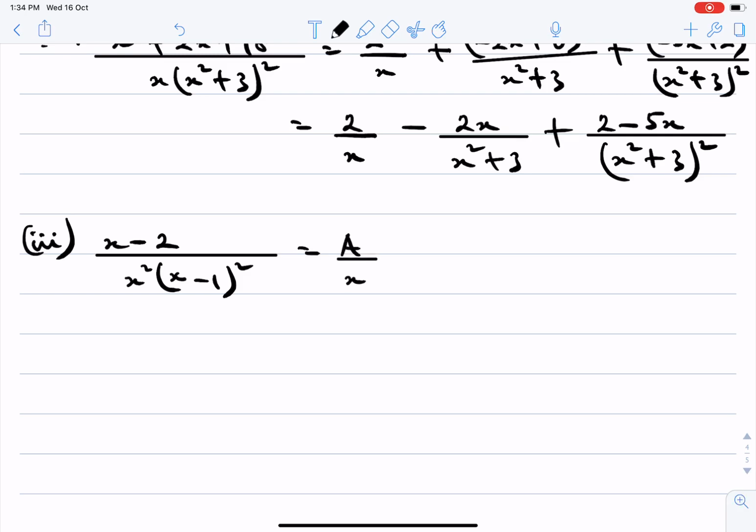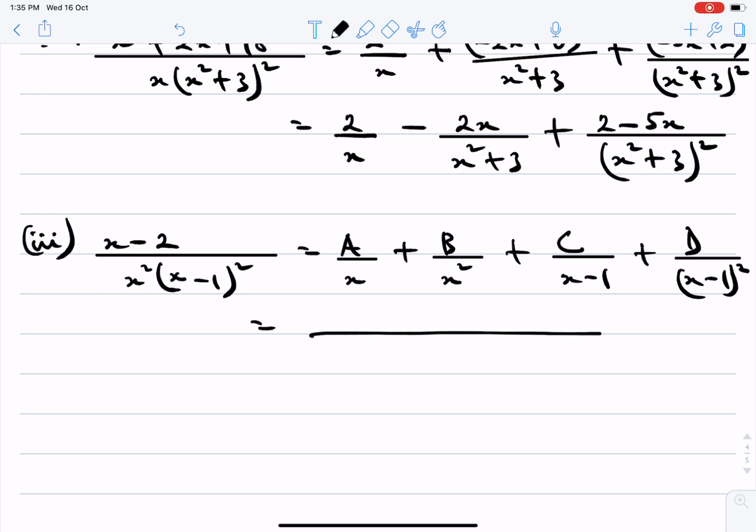a over x plus b over x squared. x minus 1 is a linear factor too, but because of its power 2, it's a repeated factor. That means it's going to have 2 partial fractions: c over x minus 1 plus d over x minus 1 squared. Beautiful. So the LCM of the denominators is the same, it's still x squared times x minus 1 squared.